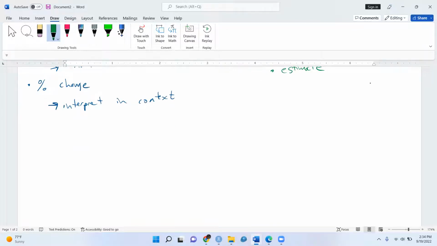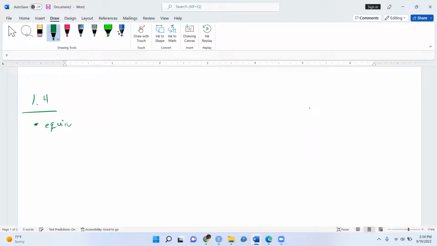1-4 was what everyone hated, right? 1-4, there's a couple different things you need to know. You need to know, what do we mean by an equivalency statement? And how does that equivalency statement inform what you do with conversion factors?